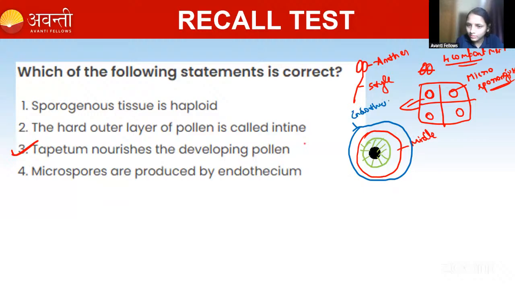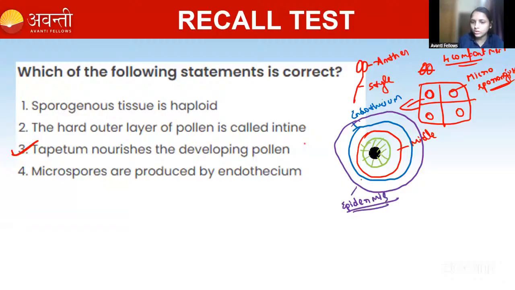After the endothecium, the outermost layer you can see is the epidermis. The epidermis is the outermost layer. Then after that is the endothecium, after that is the middle layer, and the last is the tapetum, right? And here the inside is the microsporangium.